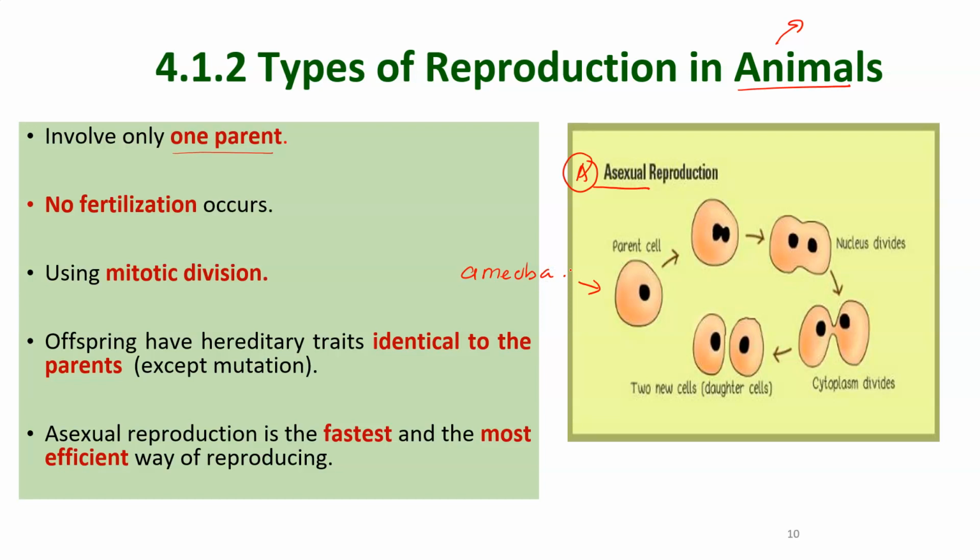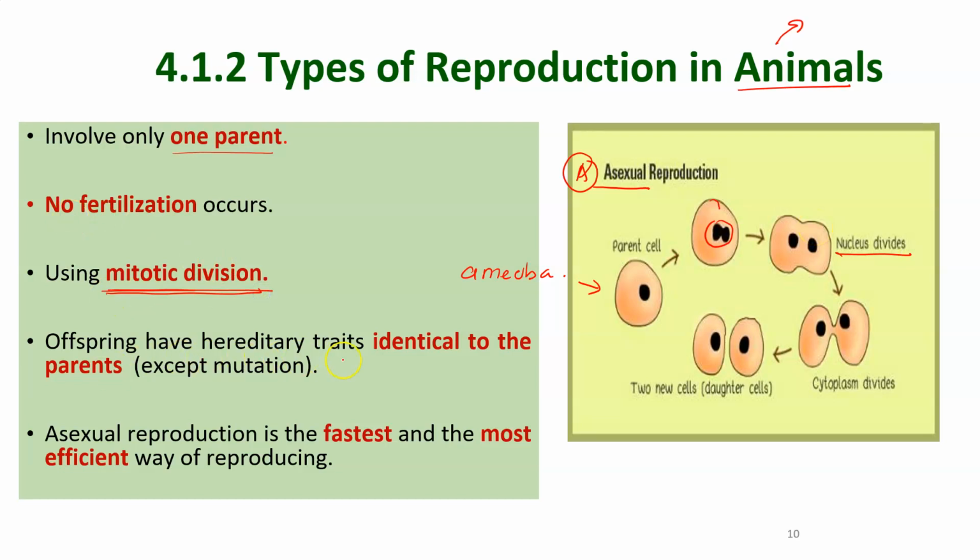Because an amoeba is a unicellular organism, it will not produce any sperm or eggs. So the organism will undergo mitotic division, nuclear division, which is mitosis.